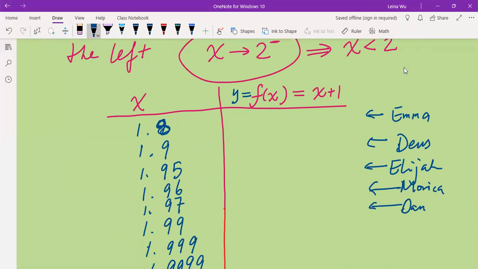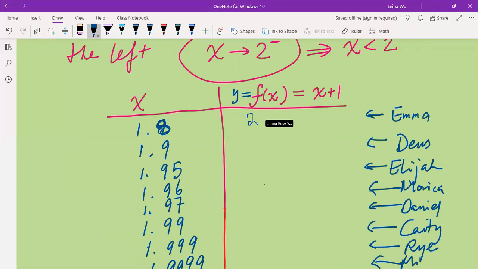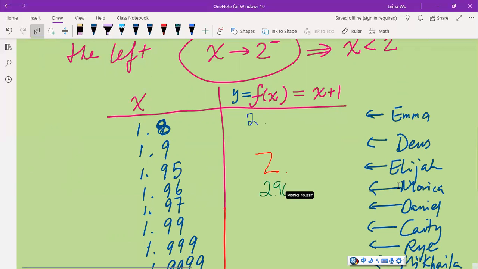Daniel? 1, 2, 3, 4, 5. Yes, 6. Katie? 8, right? Michaela? Okay, Michaela. If you didn't get assigned for this round, you'll have another chance for the second table. Don't worry.